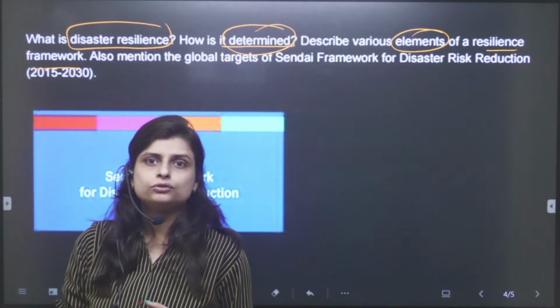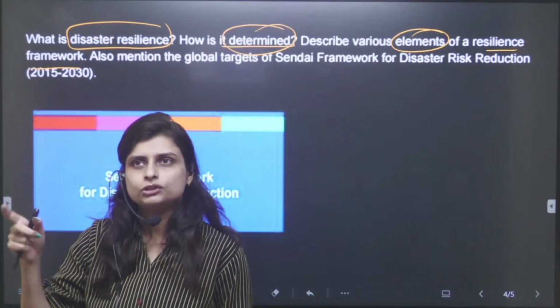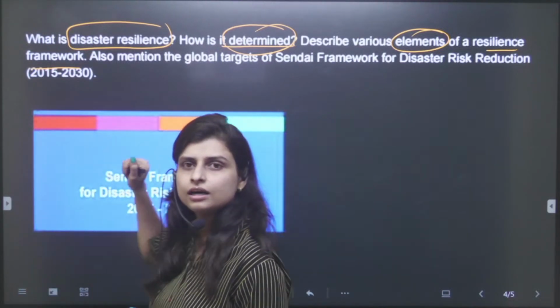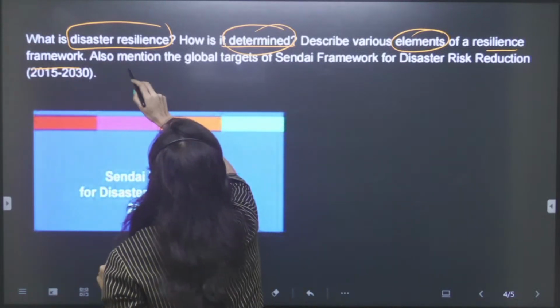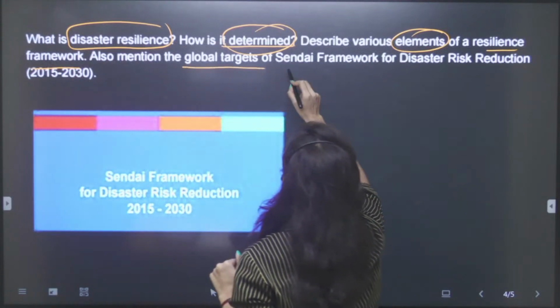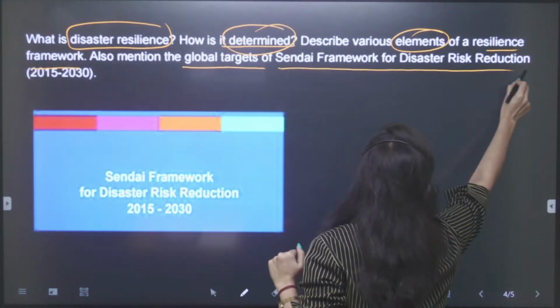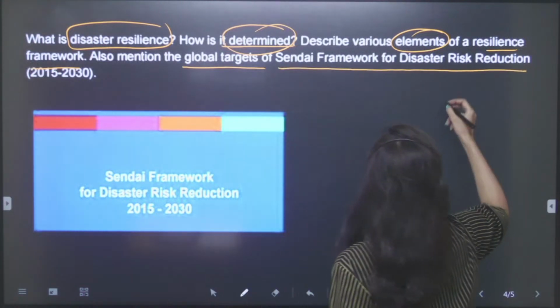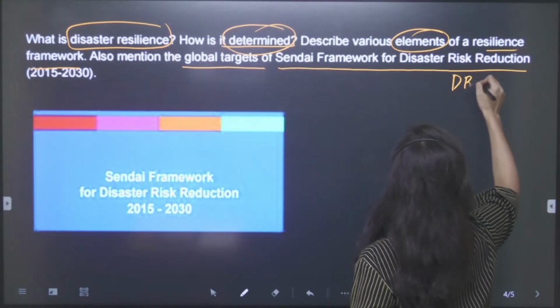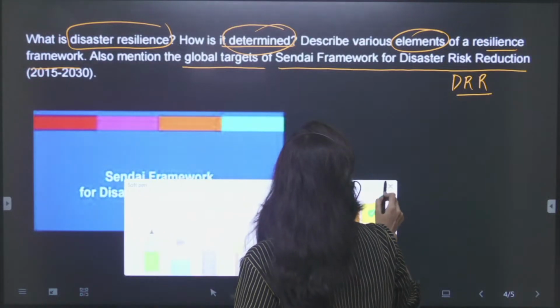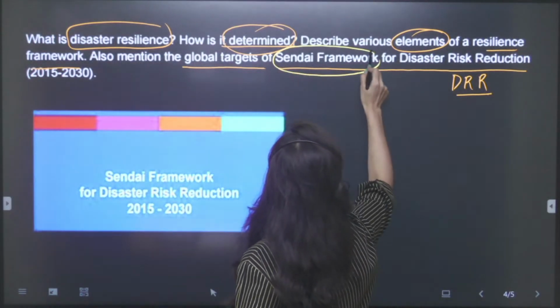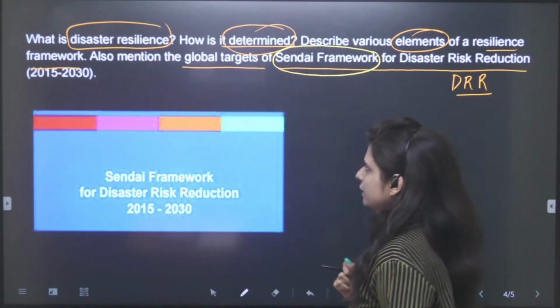That means we have to talk about the various elements of the frameworks that are dealing with disaster resilience. Also mention the global targets of the Sendai Framework for Disaster Risk Reduction. That means we have to talk particularly about the Sendai Framework for Disaster Risk Reduction.